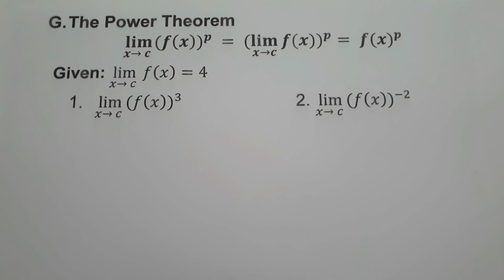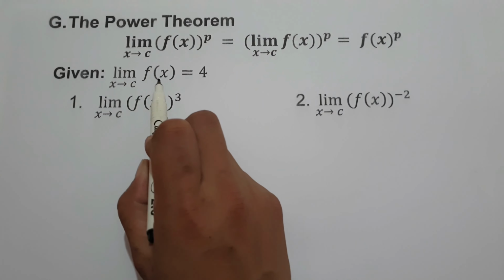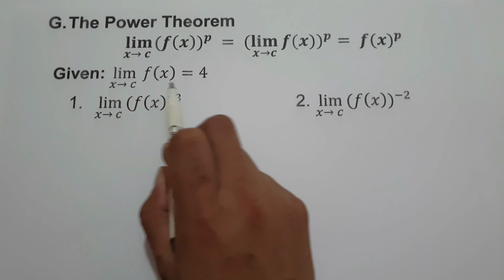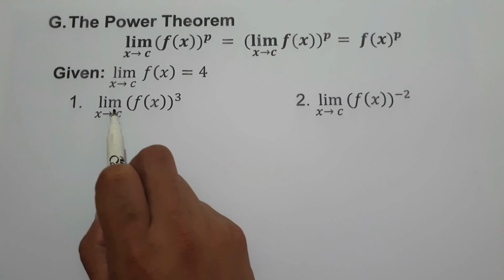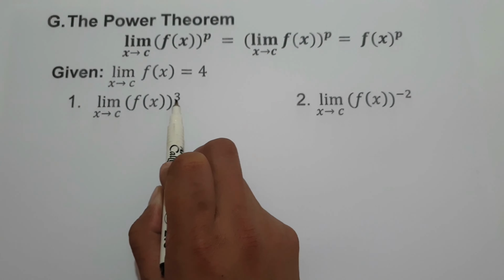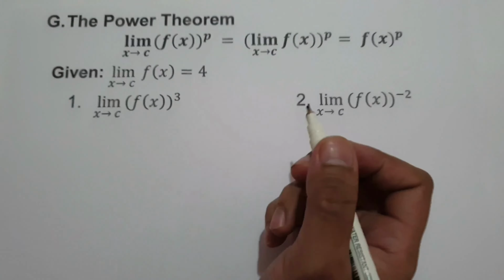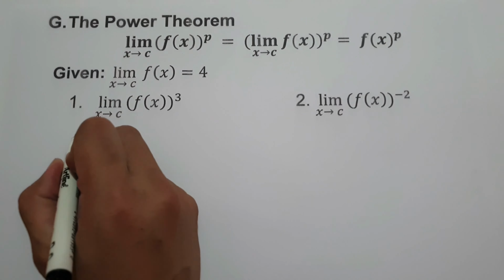For example, if we have the limit of f of x as x approaches c that is 4, and we have the limit of f of x raised to 3 as x approaches c, we are going to simplify this using the power theorem.